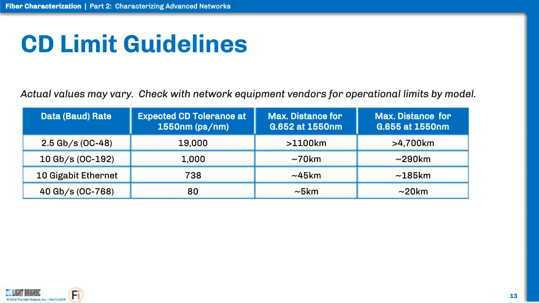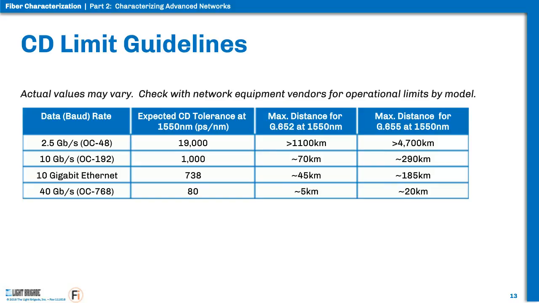As you can see, the tolerance level drops dramatically as you increase speed. So in a 10 gigabit per second SDH or OC192 network, you can tolerate about 1,000, whereas with 10 gigabit Ethernet, it's more stringent, and it's much more stringent at 40 gigabit per second, or OC768.